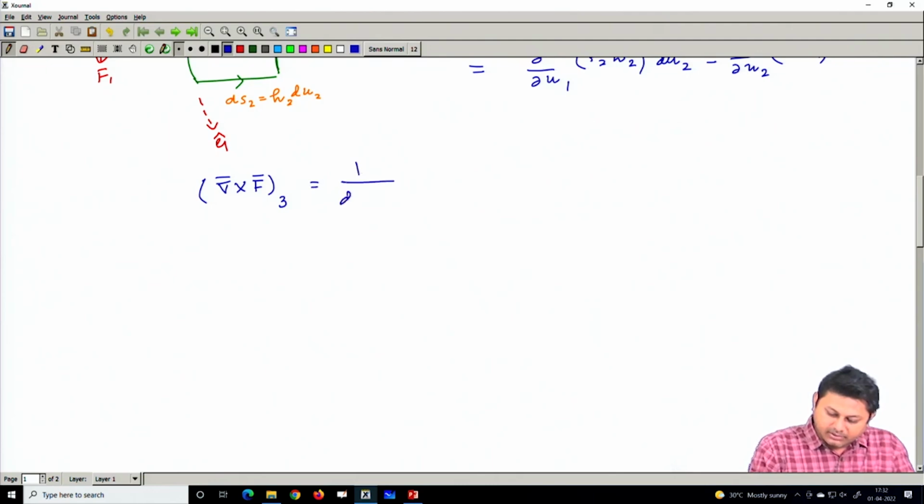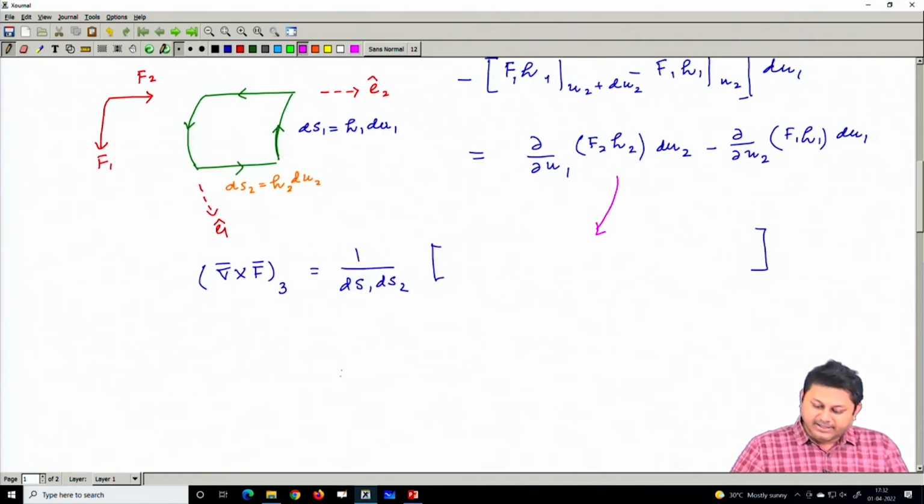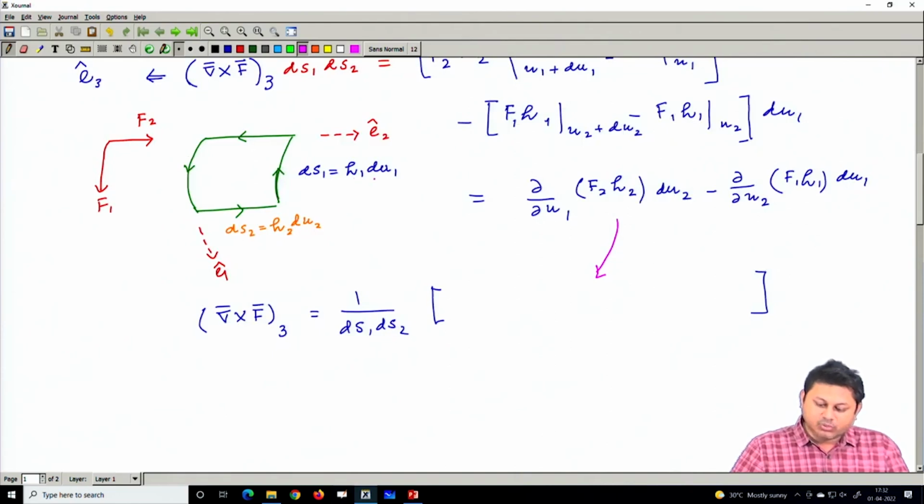Now if I calculate the curl of F3, the third component, then it should be 1 divided by ds1 ds2, and whatever I have here, this is this one. I am not writing the entire thing. ds1 and ds2 are h1 du1 and h2 du2.